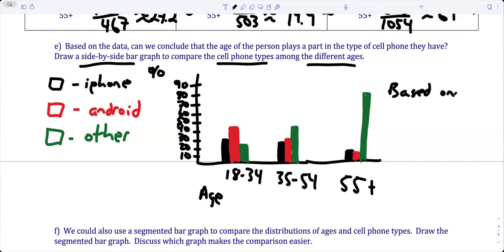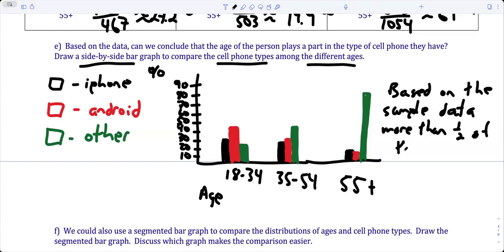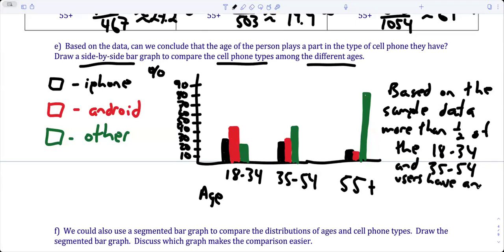Based on the sample data, more than one half of the 18 to 34 and 35 to 54 users have an iPhone or Android.